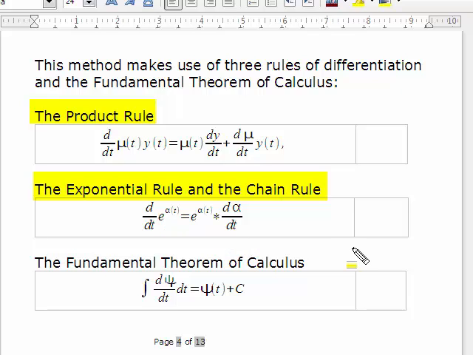I should have said alpha as a function of t, not alpha t. Okay? And then you have the fundamental theorem of calculus, that integration undoes differentiation and vice versa. So those are three rules from calculus, and on these three rules we develop the method of the integrating factor.